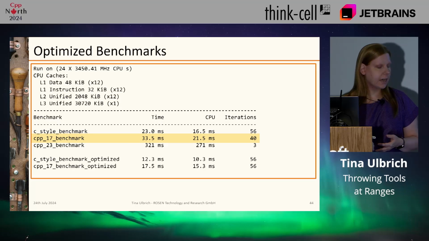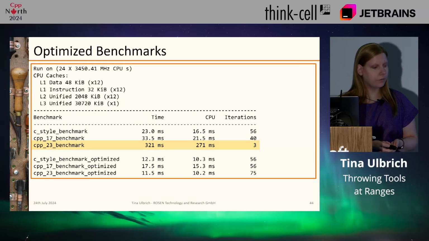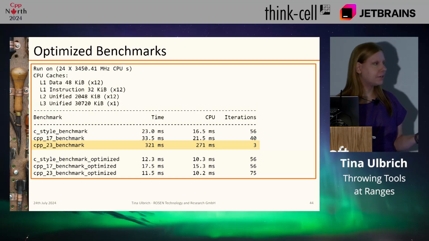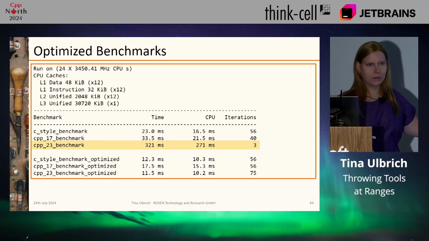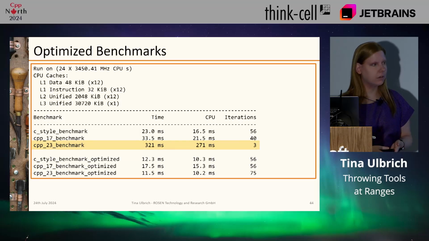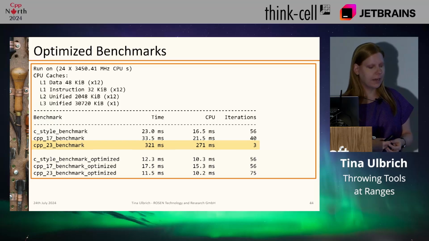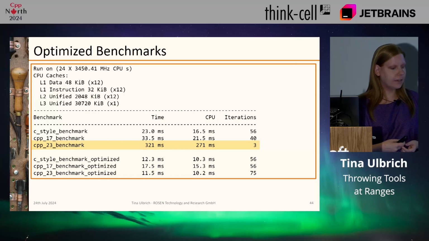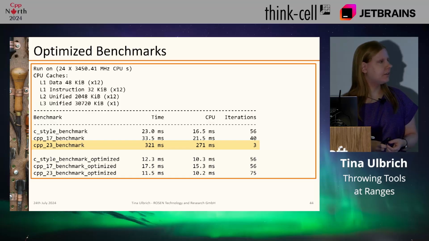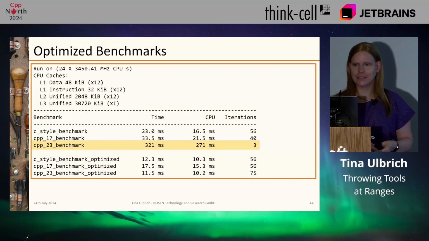We also cut the time in half for the C++17 version. And then for the ranges version, we're super, super fast, just by evaluating the actual nested loop. I ran this multiple times, and it's always slightly faster than the C-style version. And I'm really happy with the results.